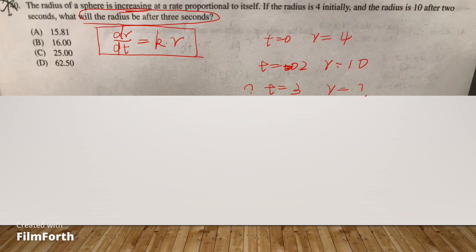Okay, for a differential equation, the first step is always to separate the variables.